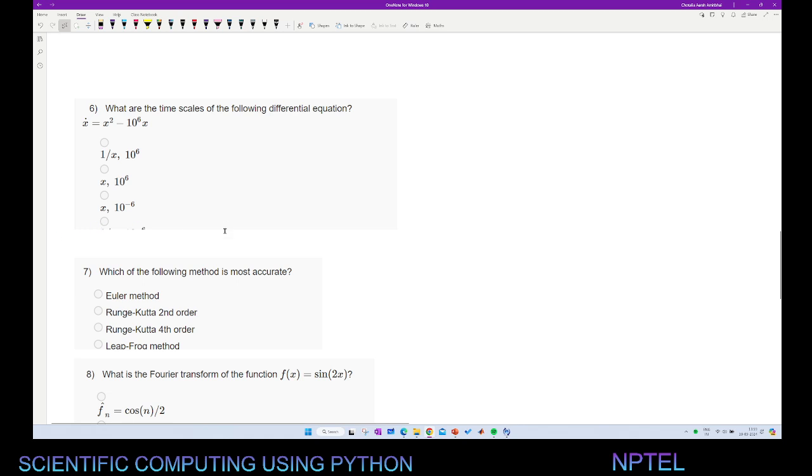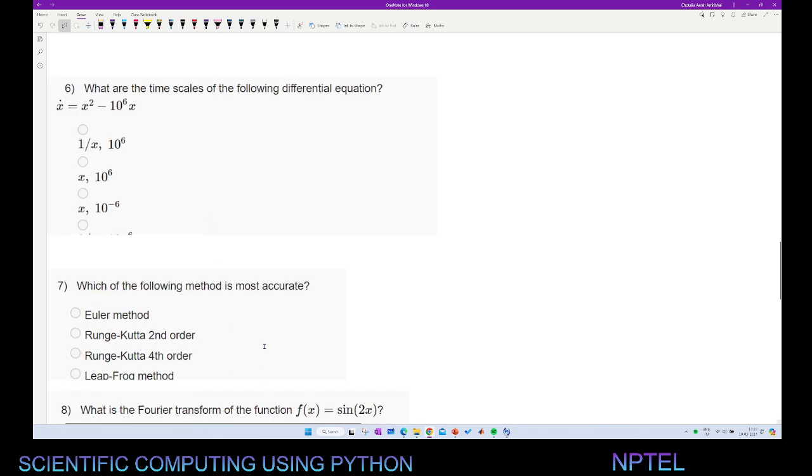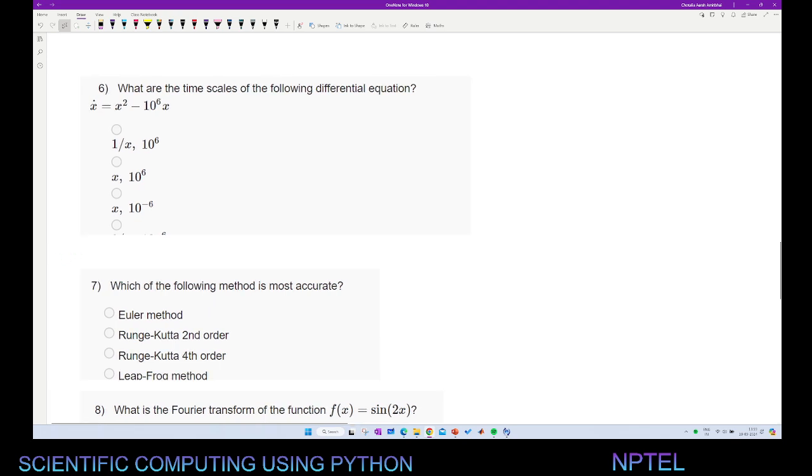Question number 6. Answer. Anyone? This was done in the course. So we have dx by dt is equal to x square minus 10 raised to 6 x.